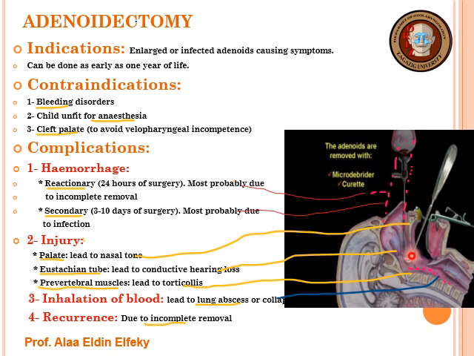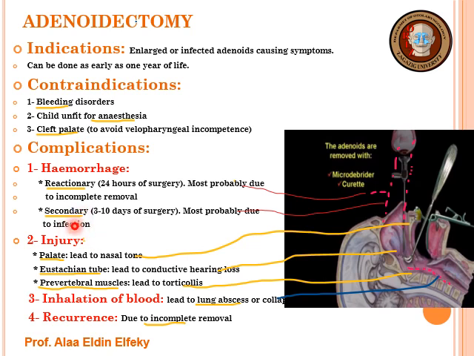First, epistaxis or bleeding or hemorrhage. Epistaxis because blood comes from the nose, hemorrhage because blood comes from the mouth. This may be reactionary, meaning within 24 hours of surgery. This is most probably due to incomplete removal, but sometimes excessive removal can also cause reactionary hemorrhage during the 24 hours of surgery.